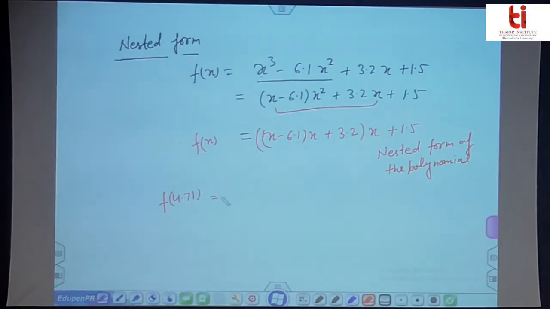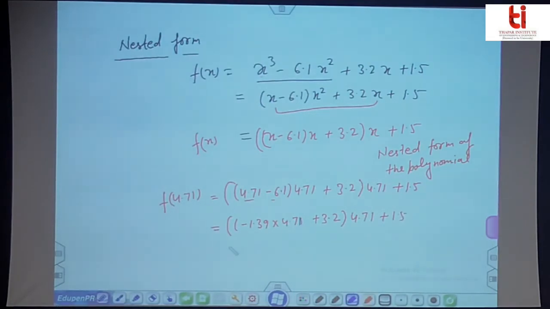f of 4.71 is what? 4.71 minus 6.1 into 4.71 plus 3.2, 4.71 plus 1.5. Okay, so this value is coming out to be minus 1.39 into 4.71 plus 3.2 into 4.71 plus 1.5.